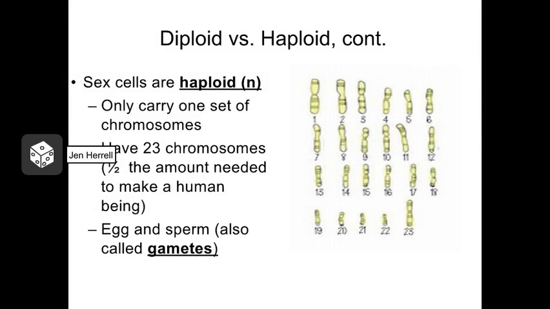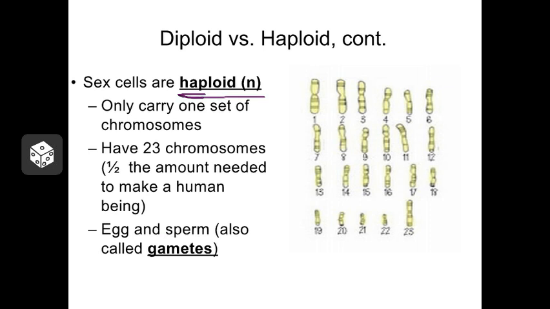The only cells in the human system that are not diploid are these cells we call the gametes. Gametes are sex cells, so these include sperm cells and egg cells. Sperm cells and egg cells have half the DNA in them that you need to make a person, so we call them haploid. I want you to think half, haploid.